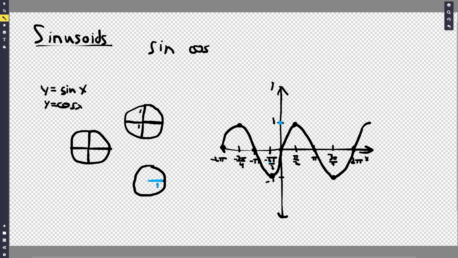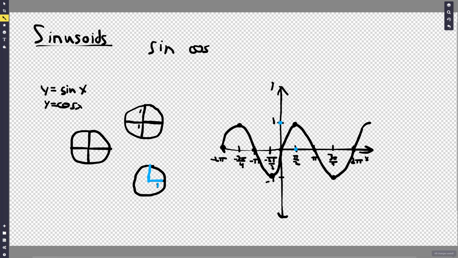Okay. And now let's go to pi over 2 radians. Well, remember last time for our sine it was 1, right, because it's completely vertical. But now with cosine it's at 0, because the length of this is 0, since it's completely vertical. So we're going to go right here, okay?